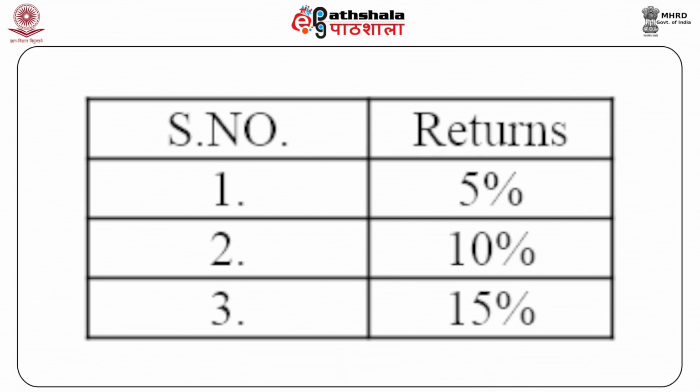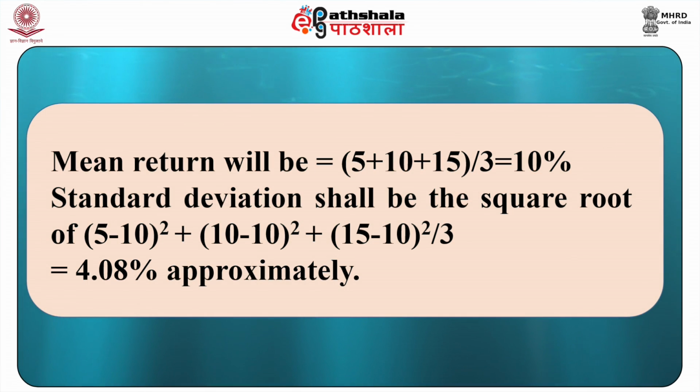For example, let the returns from an investment, without considering probability, be as shown in this table. Mean return will be 5 plus 10 plus 15 divided by 3, equal to 10%.